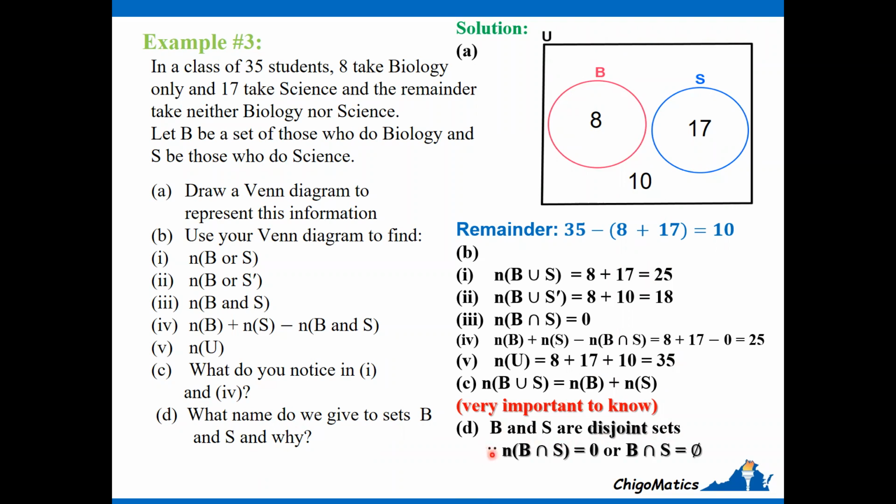Because the number of elements in the intersection is equal to 0, or to represent that the number of elements in the intersection is 0, you could write that B intersection S as a set, it is an empty set. So sets that are disjoint means their intersection is an empty set.